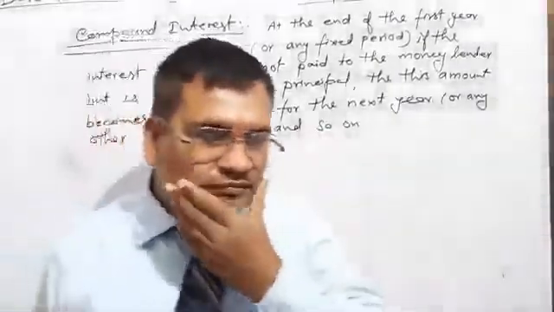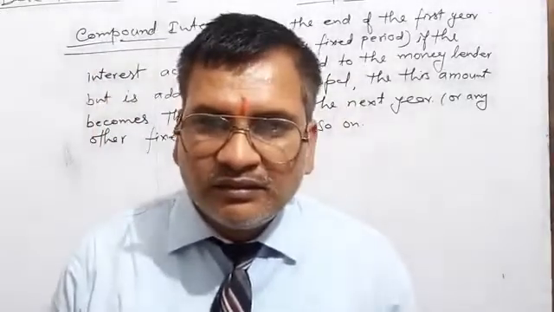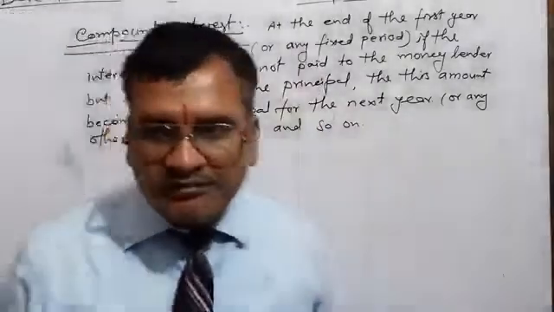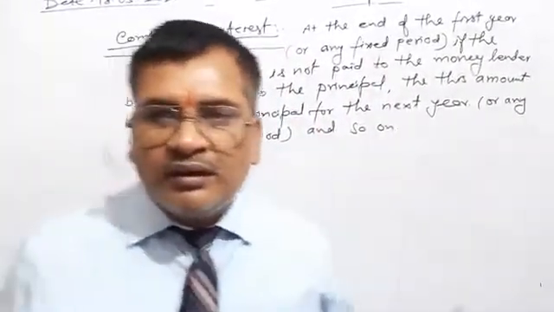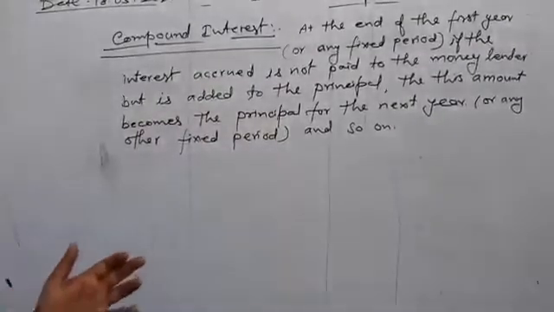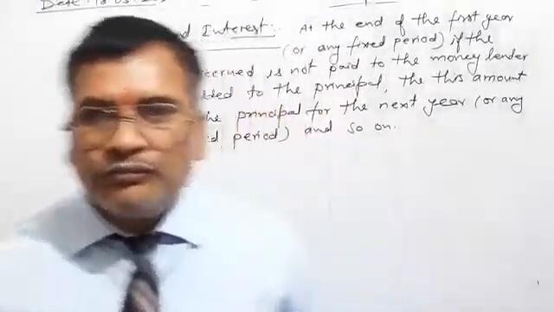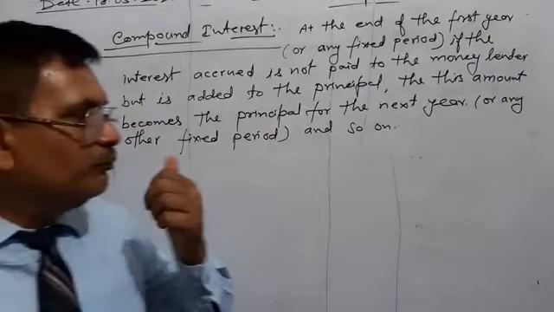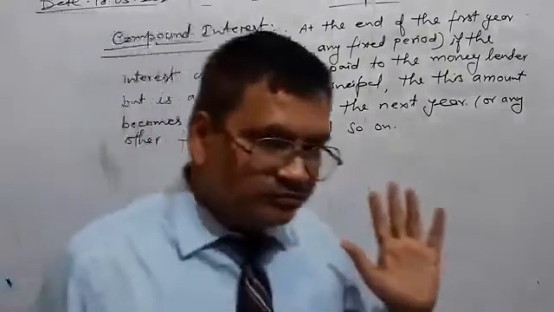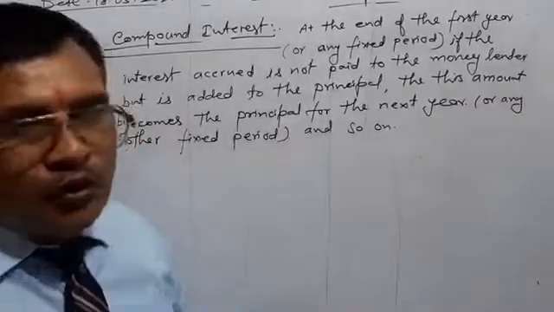For compound interest, when at the end of the first year or any fixed period, the interest accrued is not paid to the money lender but is added to the principal, this amount becomes the principal for the next year or any other fixed period, and so on.